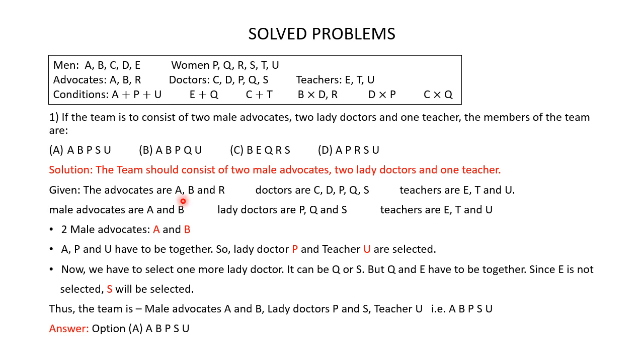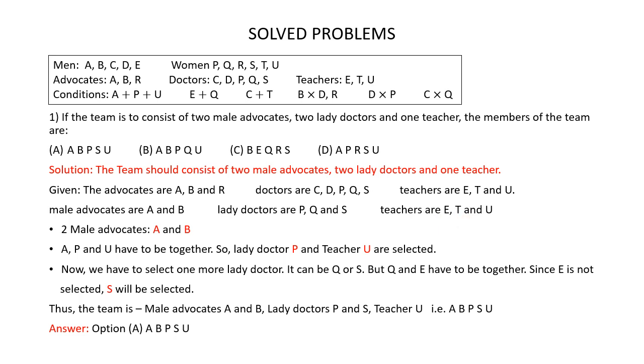Among these advocates A, B and R, clearly you can see that the male advocates are A and B. And among these doctors C, D, P, Q and S, clearly you can see that the lady doctors are P, Q and S. Now the teachers are E, T and U.